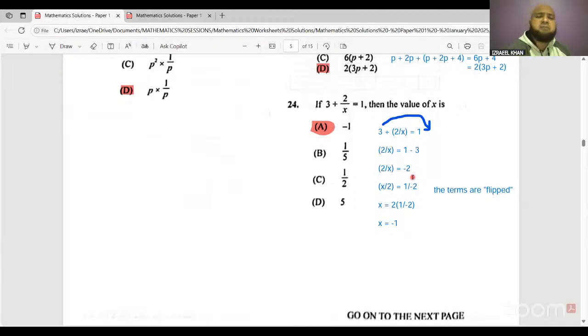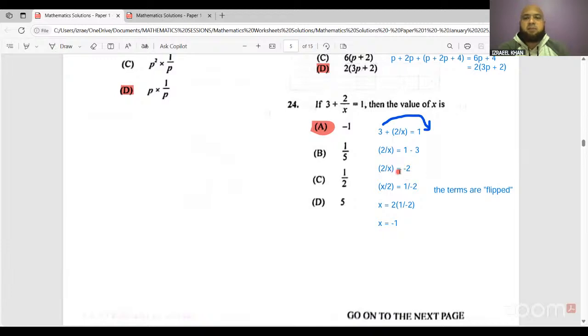If 2 on x is minus 2, what's a quick way of finding x? What I decided to do was flip. So I flipped the 2 on x and made it x on 2 to get the x on top. And I obviously had to flip the right side.